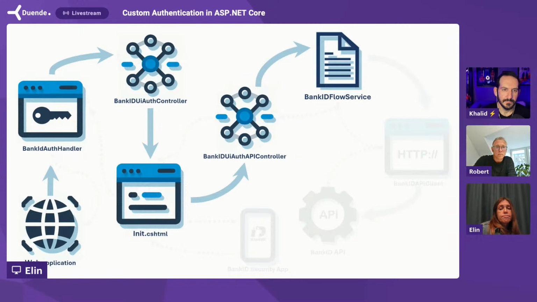At this point, we kind of gather all the information we need to make the request to the auth call in the BankID API. So in the simplest possible scenario, that is simply detecting the end user's IP address and using device detection to find out the correct return URL to send to BankID if this is BankID on the same device.